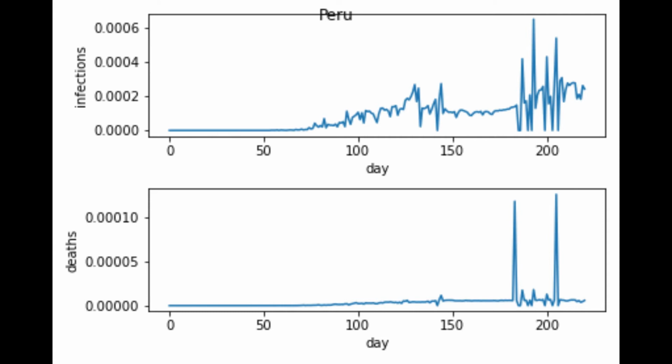The amount of infections is rising, and there are basically 2 days where we have a very large amount of people dying. So I found that suspicious, and that's basically the reason why I took this country out of the analysis.